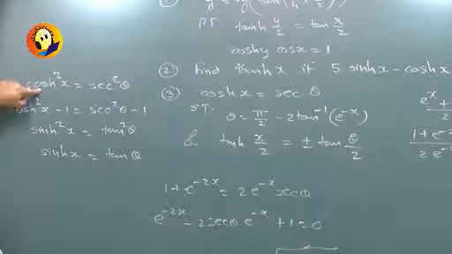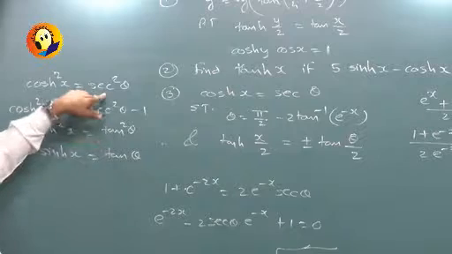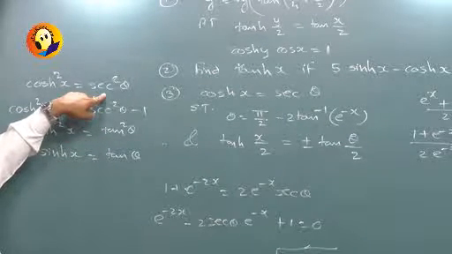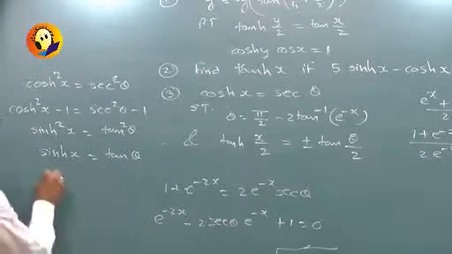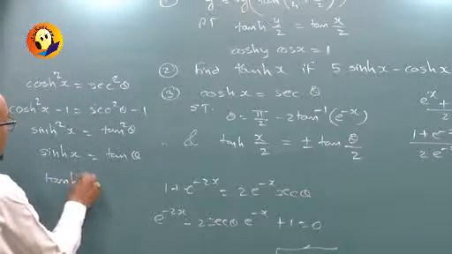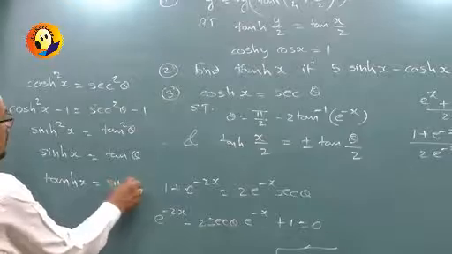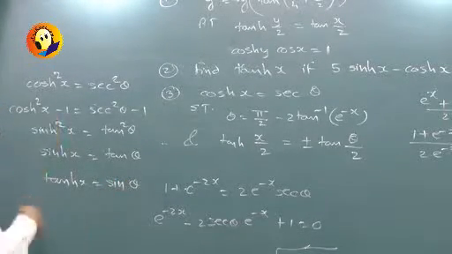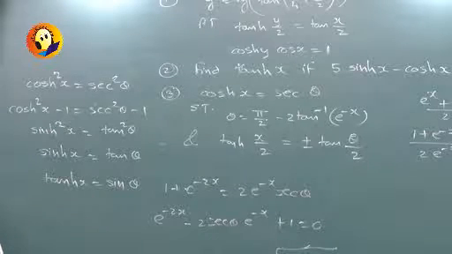Because sin upon cos will be tan upon sec. Tan upon sec will be simply sin. So you will also get something like tan x is equal to sin theta. So we are getting so many different things, but not the required one.